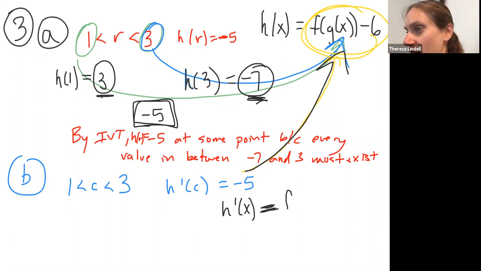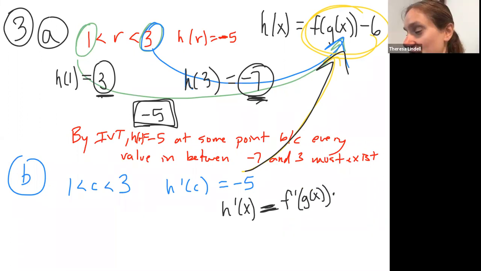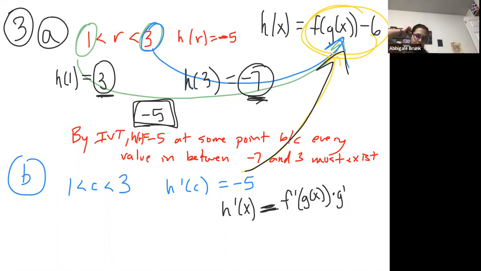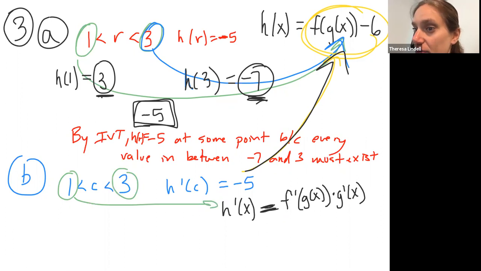It's f prime with what's still on the inside, the g of x, and then you attach the derivative of the inside. Oh, which is g prime of x. Yes. And then the -6 goes away. So that's nice. So now I have to plug in 1 and 3 to this thing.